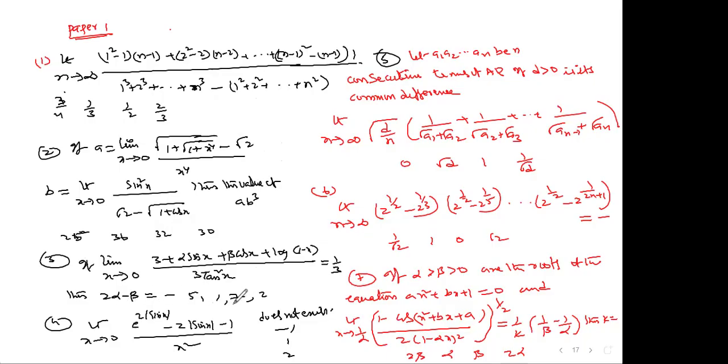The fourth one is this: whether it does not exist, or minus 1, 1 and 2 for option C. And here are consecutive terms of an AP. Find its common difference, and what is the value of this? This is d, 1 by d under root.